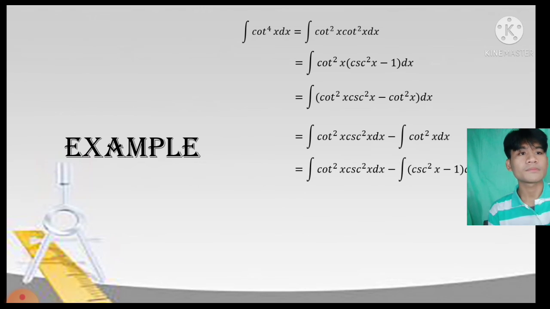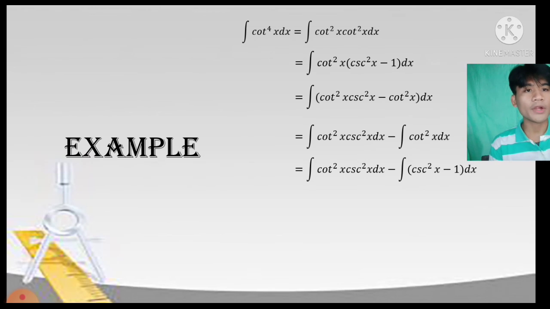We find the value again of our cotangent squared x dx. So we come up with the integral of cotangent squared x cosecant squared x dx minus the integral of the quantity cosecant squared x minus 1 dx.